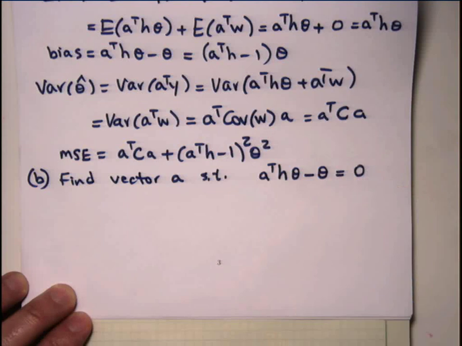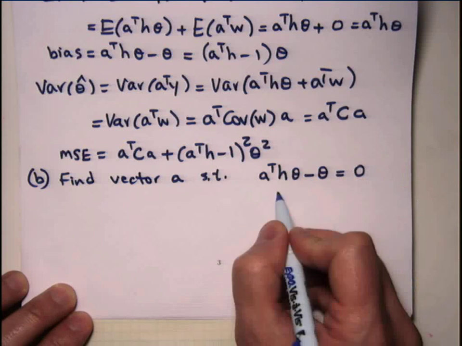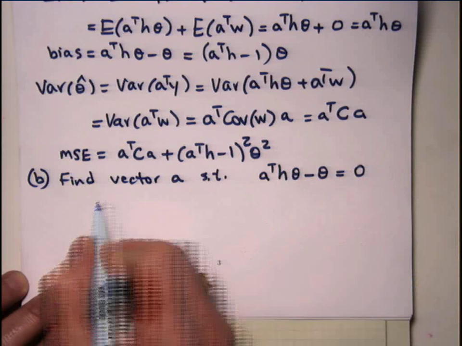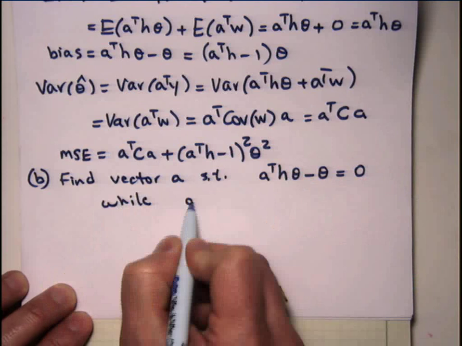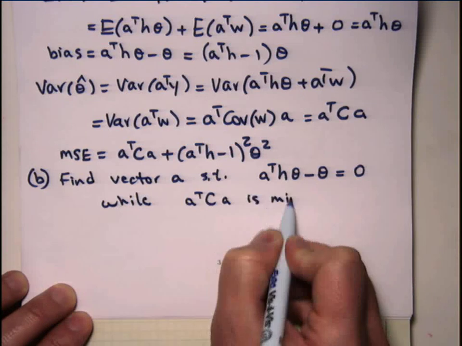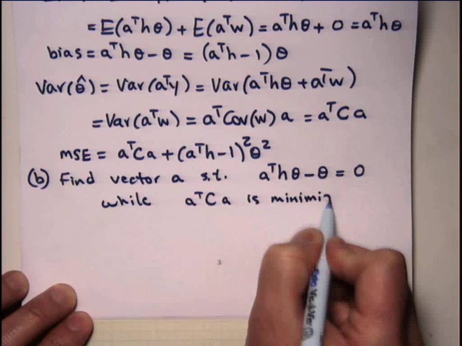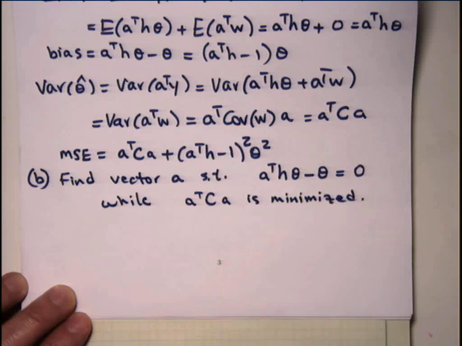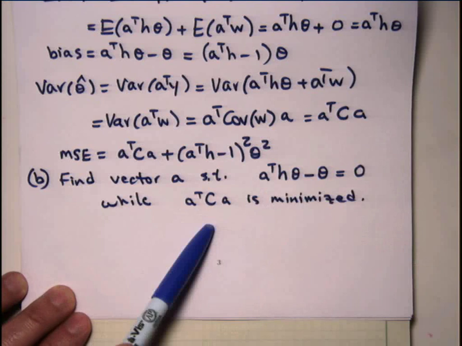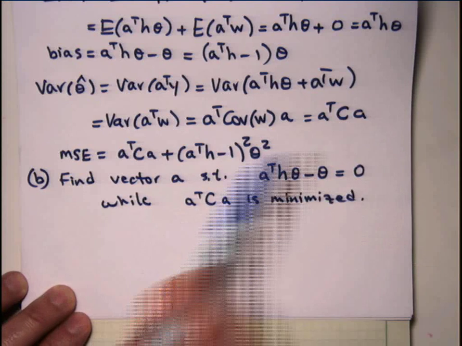Right? This is the unbiased constraint, while A transpose CA is minimized. Okay? So this is the criterion we're trying to minimize, and this is the constraint we have to satisfy.